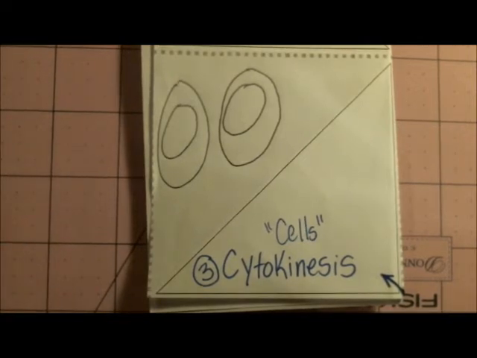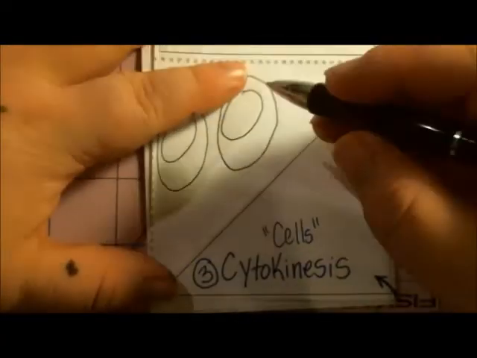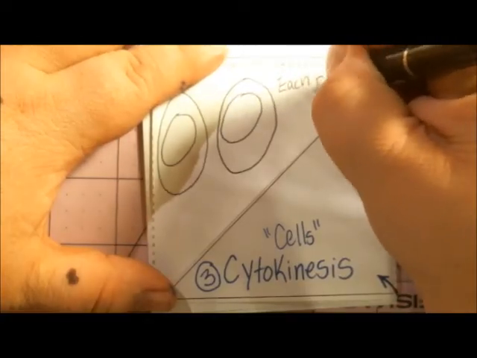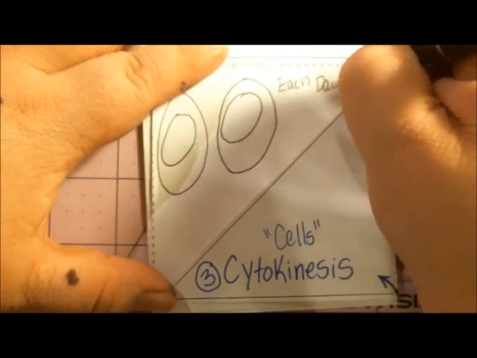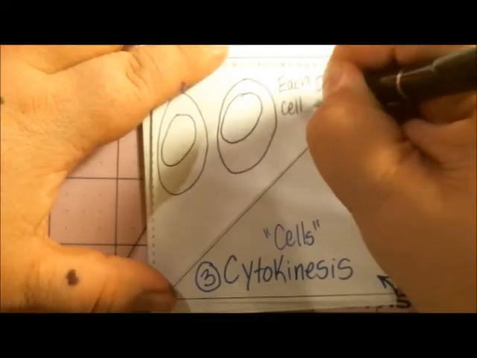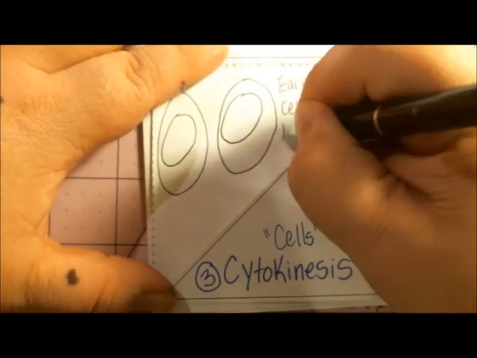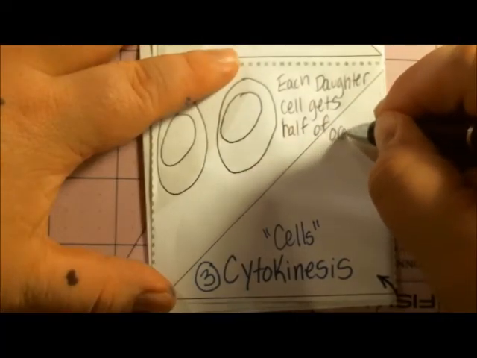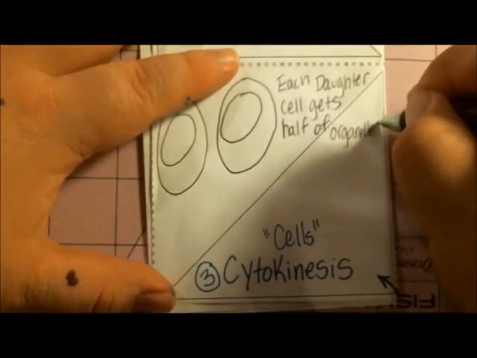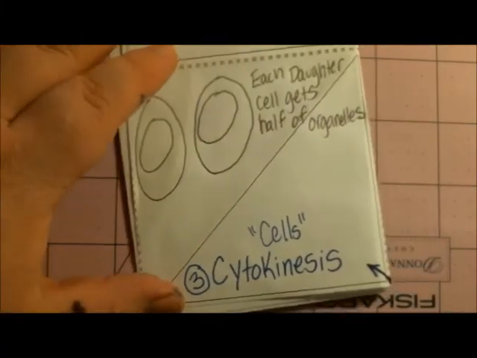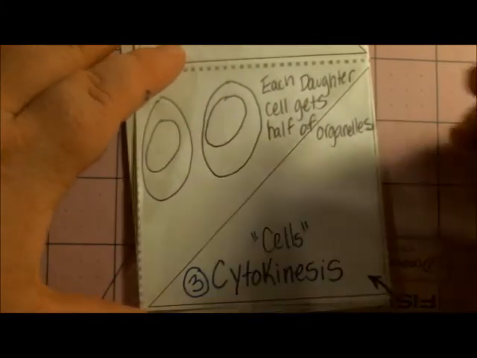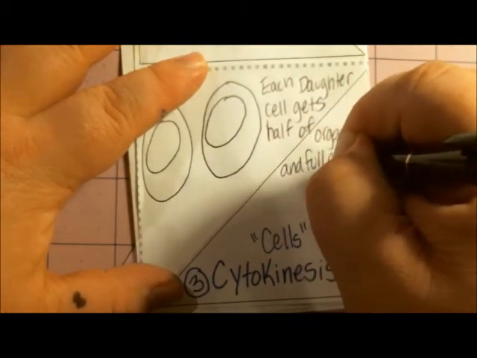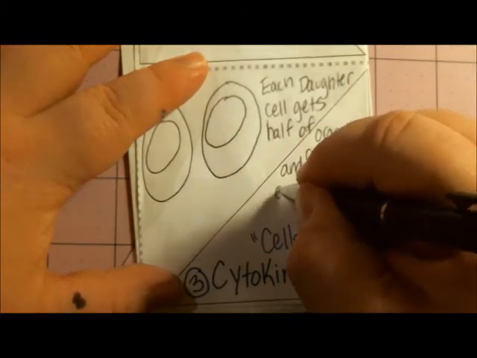And by the end of cytokinesis, each daughter cell is going to get half of the organelles. And a full copy of DNA, because that's the instructions.